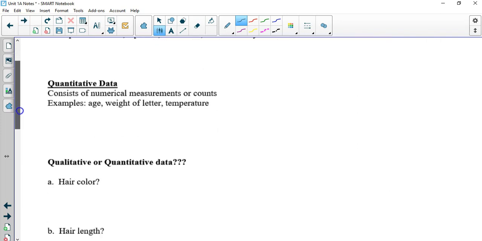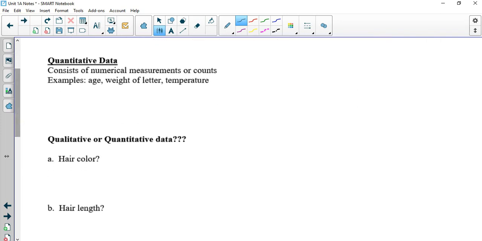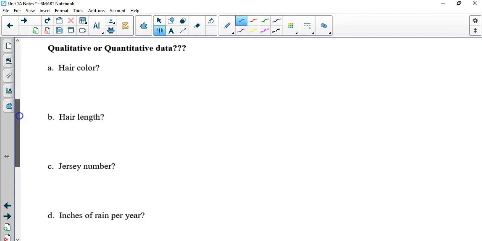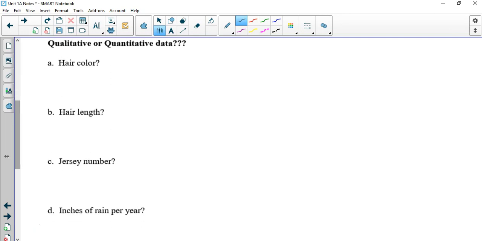So that I alluded to before, quantitative, quantity, numbers. So numerical measurements or counts, such as age, weight of a letter, temperature, and so forth. So, qualitative or quantitative? Okay? Hair color, that's qualitative.